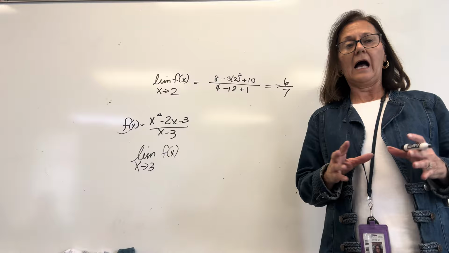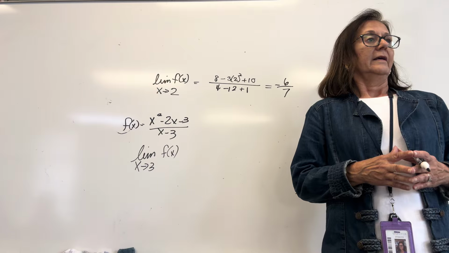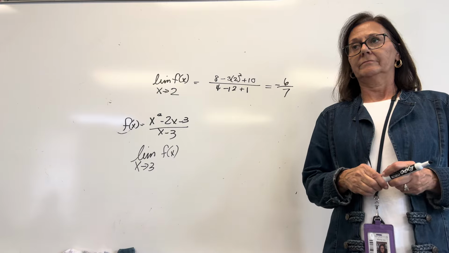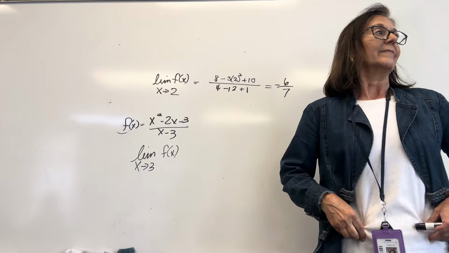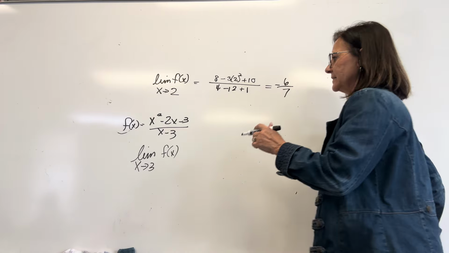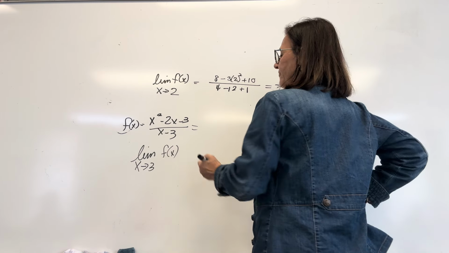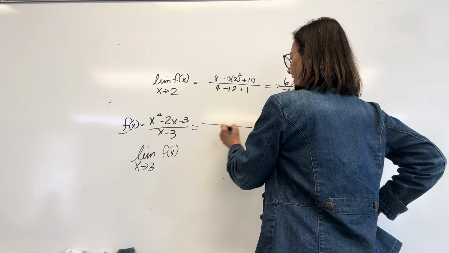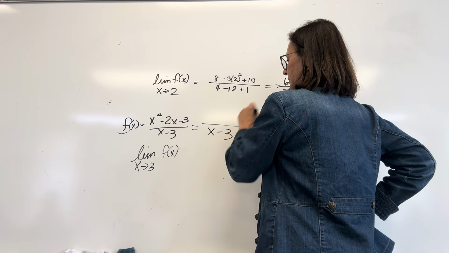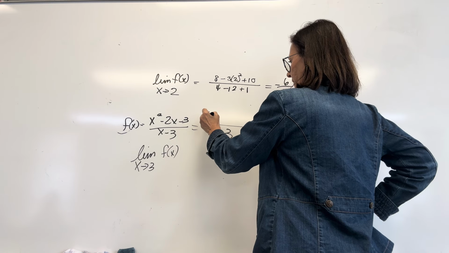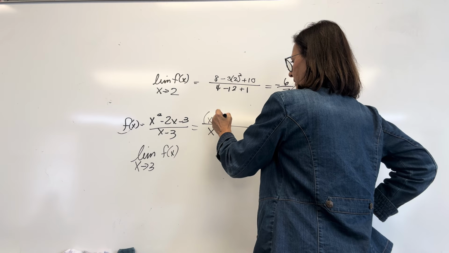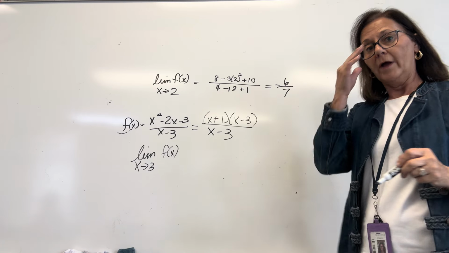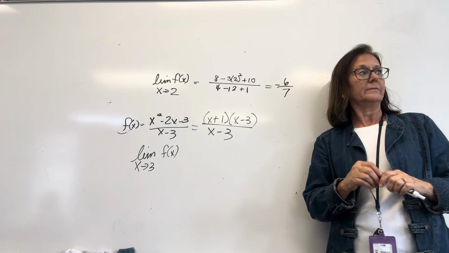We have to decide if there's a hole in the graph or there's an asymptote. It's undefined, so let's see. We're going to factor the numerator. The factors of the numerator are x plus 1 and x minus 3.